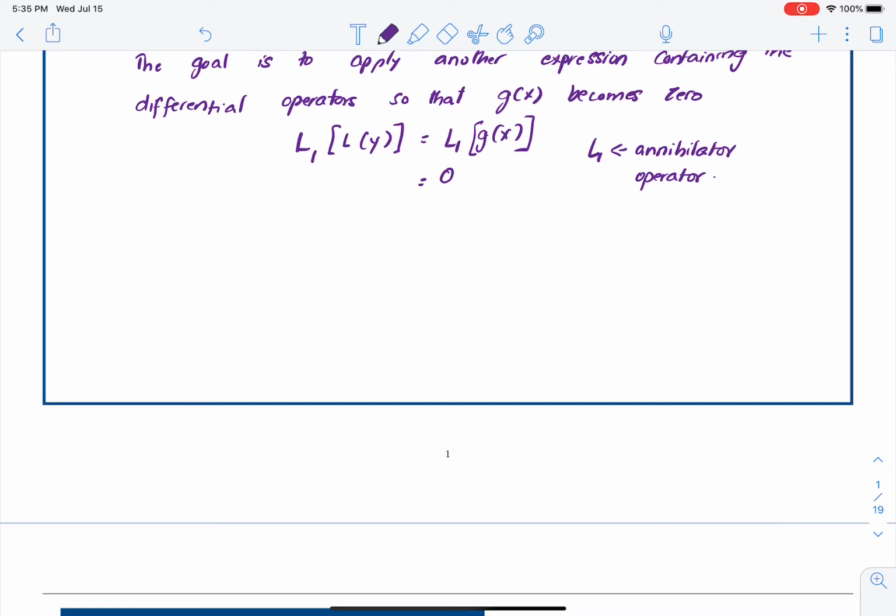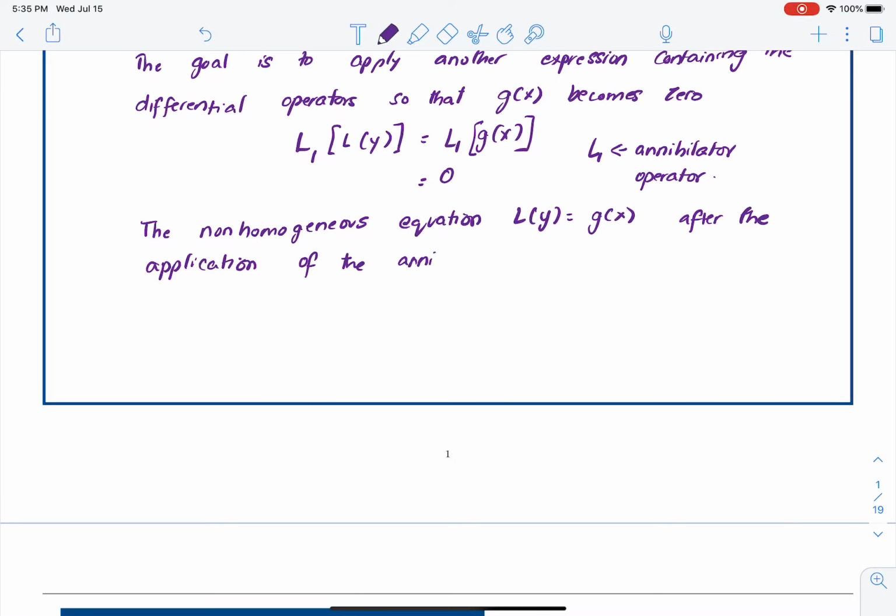Now, why should we make g of x 0? The non-homogeneous equation, L of y equals g of x, after the application of the annihilator operator becomes a homogeneous equation, in the sense L1 of L of y would simply be equal to 0.